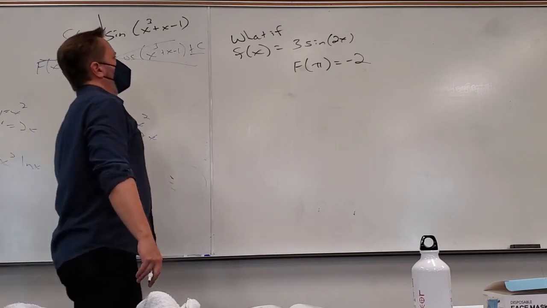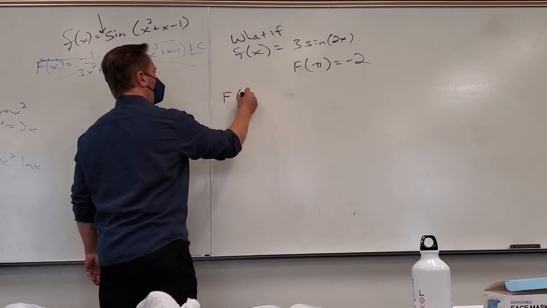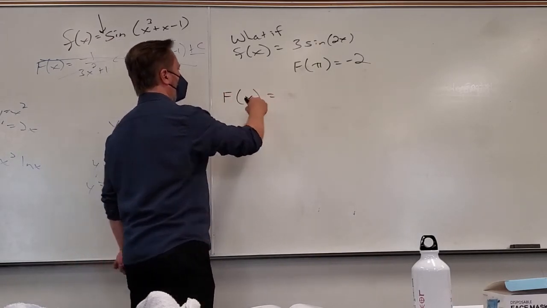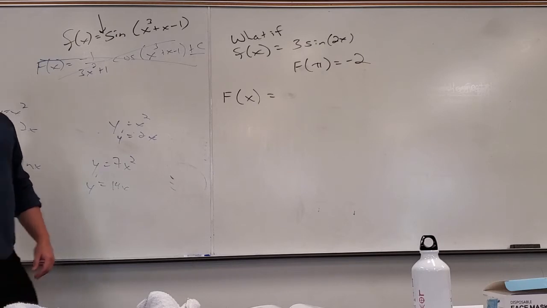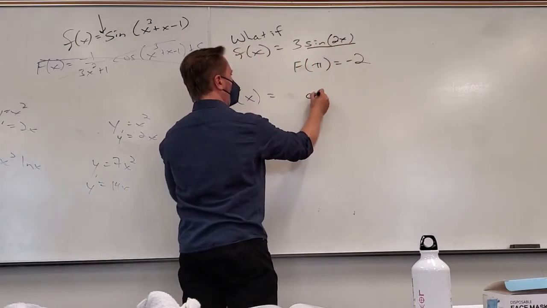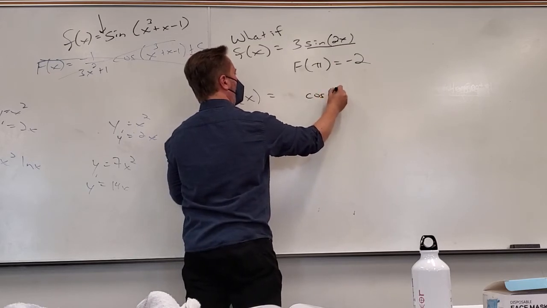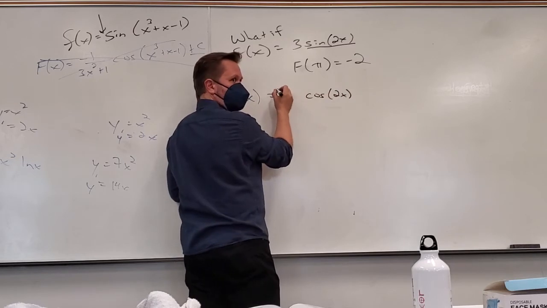Okay. And then, first off, what would big F of x be? Can somebody tease that out for me? You know it's got to be, so I focus on this, right? You know it's got to be negative cosine 2x, right?